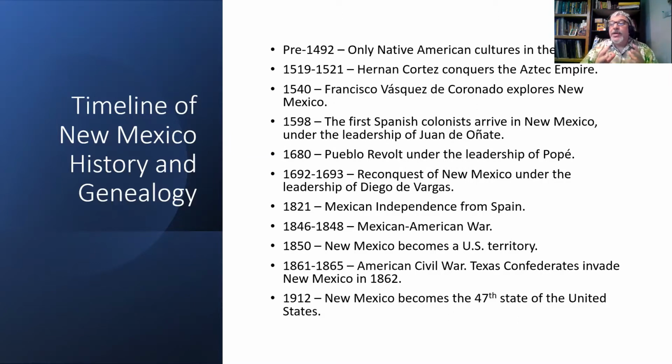At this time, Spain does not allow anyone to come through who is not part of the Spanish Empire. So you may get some Germans, you may get some French, but they are allowed to be here. I don't see a whole lot of that non-Spanish, non-Mexican people in my ancestry, but there are a few in others.